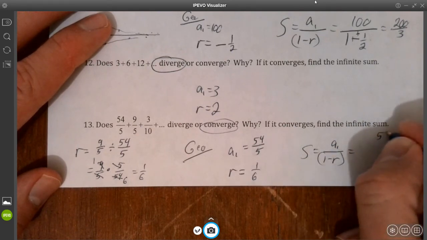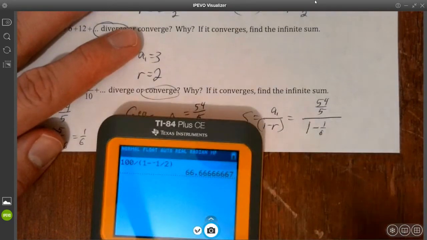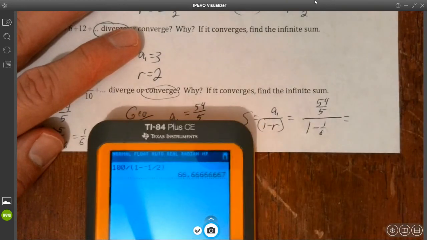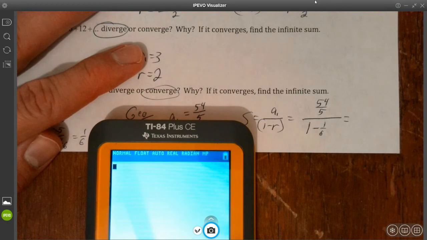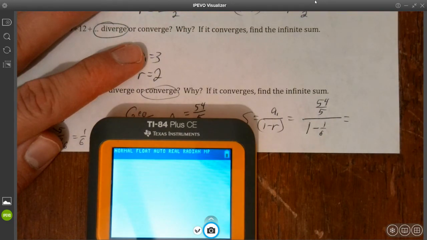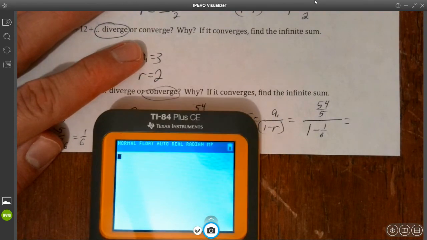I will have 54 over 5 over 1 minus 1/6. And I'm about to get something wild and crazy here. I'm trying to do this in my head. Something over 25. Whatever, 54. Hold up. I think it's 270 over 25, and that reduces.